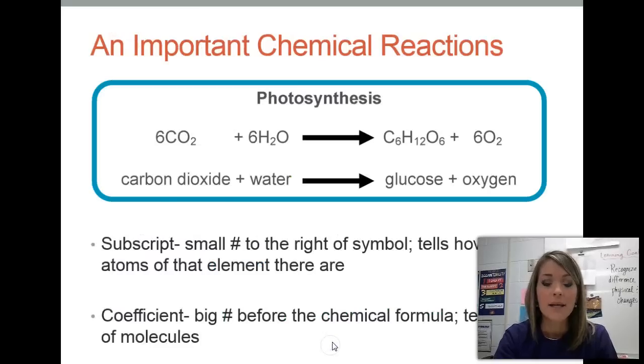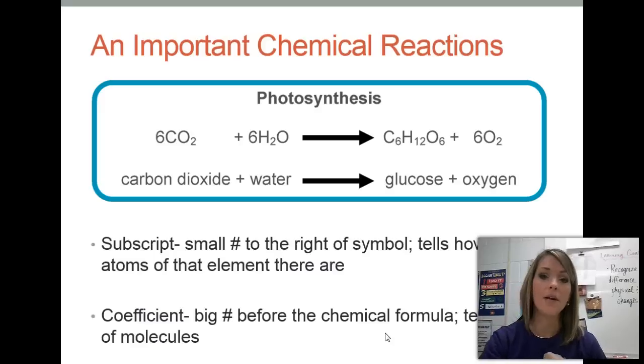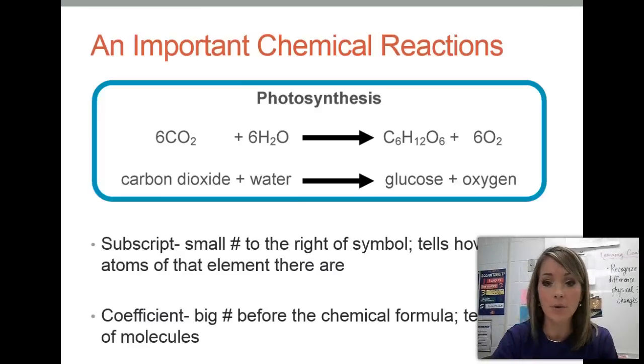All right. Now here is an important chemical reaction, photosynthesis, and so I'm just going to use this for my example. We'll be talking about photosynthesis more later in the year, but I want to review subscripts, coefficients, chemical formulas, chemical symbols, because you're going to have to remember that stuff from what we learned earlier to be able to understand the chemical reactions, the chemical equations.